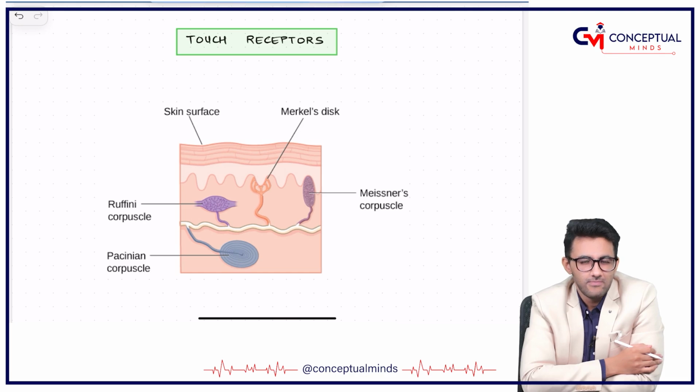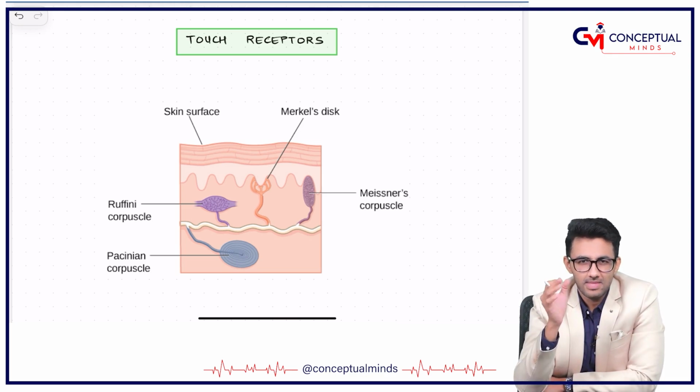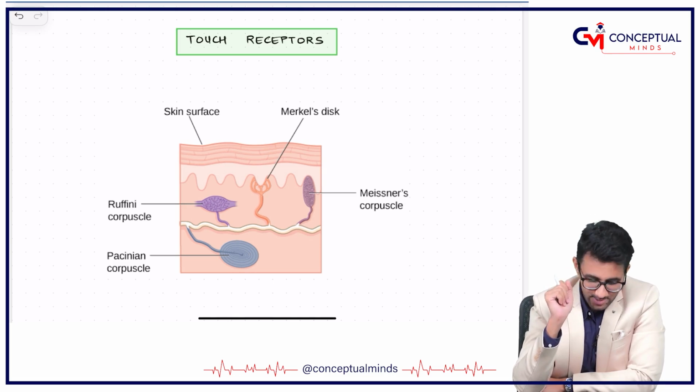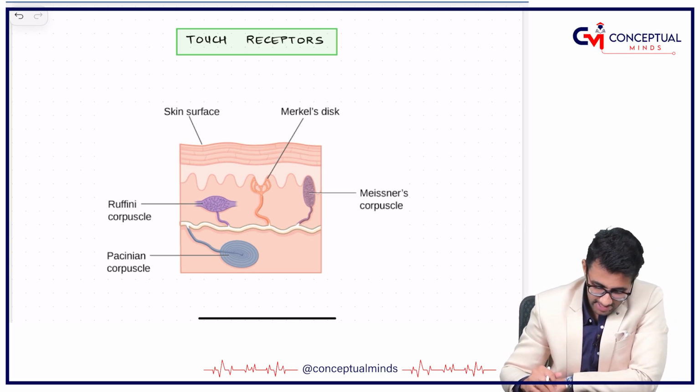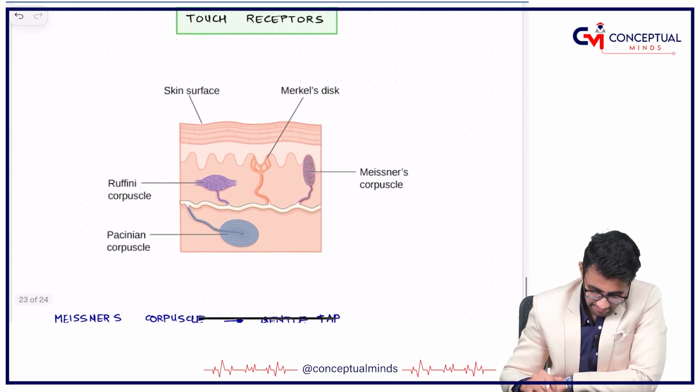Because we just touched on the Merkel cells, it's better to discuss the touch receptors, all the mechanoreceptors. Let us quickly revise them. Even though this topic is from physiology, it is still one of 19, so we should know it.